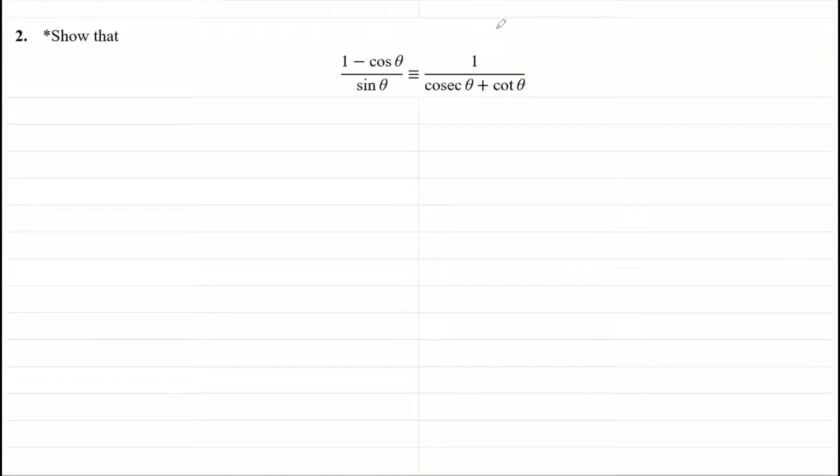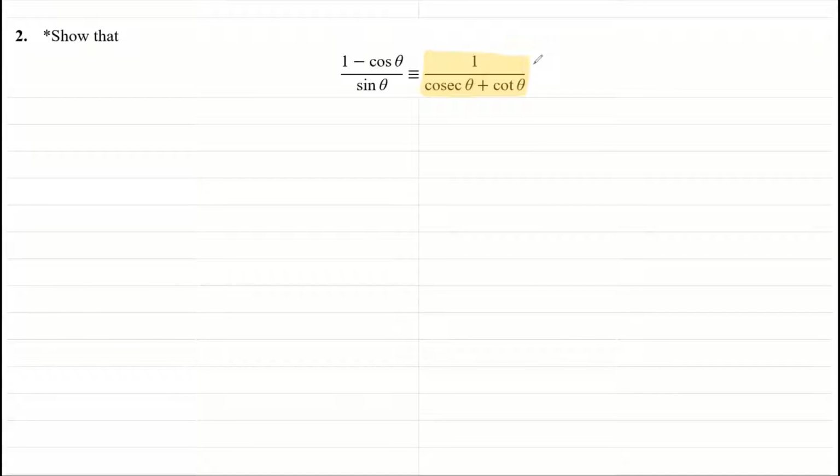So perhaps we're going to start working on the right-hand side here with these reciprocal trig functions that I know I can write in terms of sine and cosine. So that might be a good way just to get us started. I don't think there's any need to do any kind of reverse engineering on the opposite side, on the left-hand side. I think we just need to make those substitutions and see where that takes us.